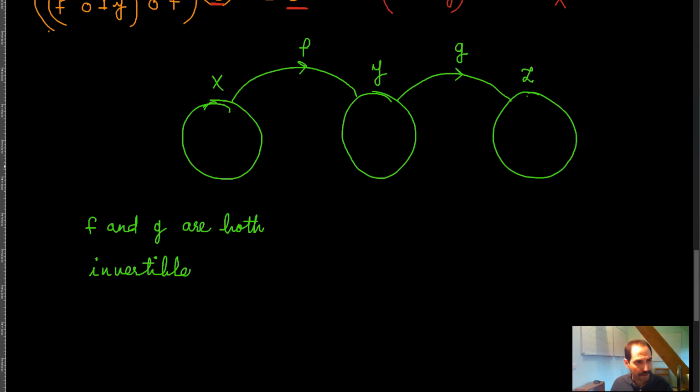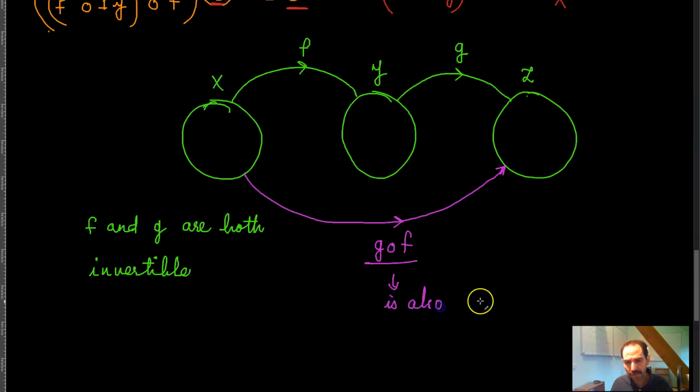Now, based on these two functions, since both of them are invertible, you can find another function GOF, which goes from x to z, and if these two are invertible, then GOF is also invertible.